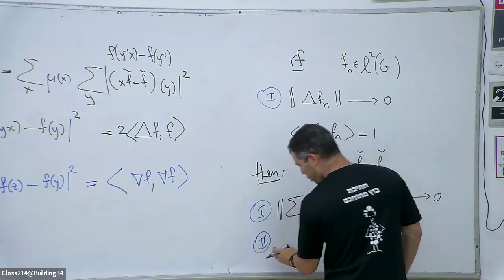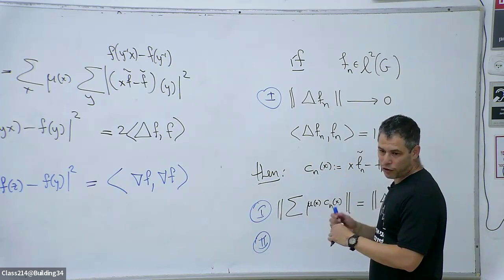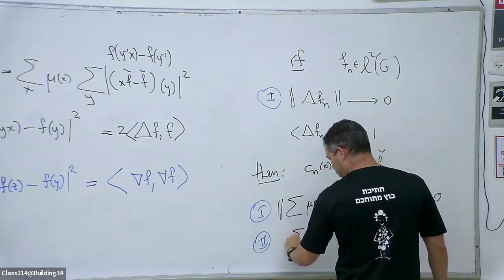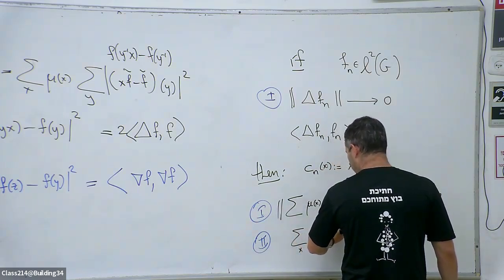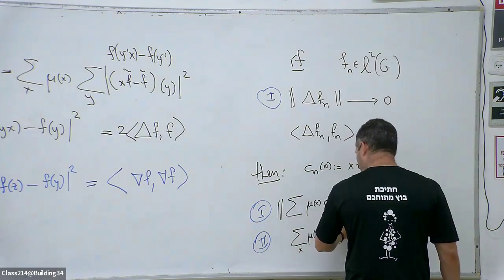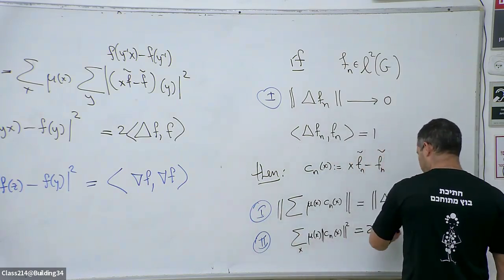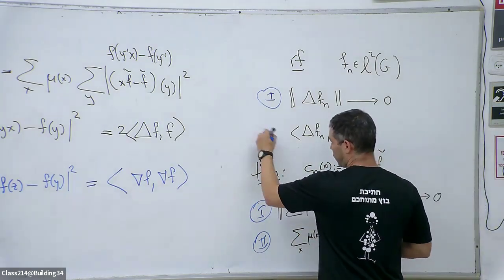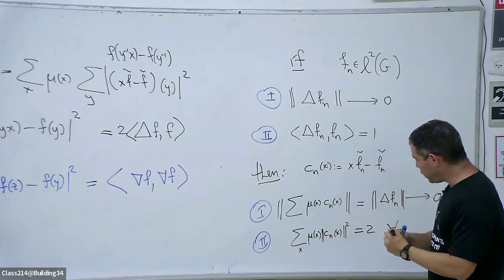We can choose the next one, but you can even do without an x1, because in our situation the sum over x of mu(x) C_n(x) in norm squared is going to be 2 for every n. And this follows from this guy.